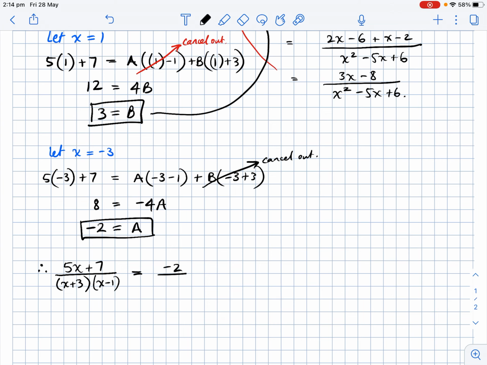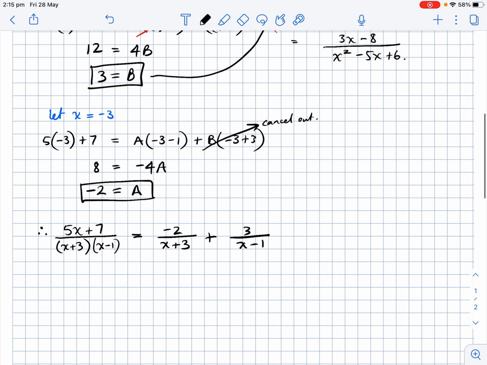Now we know a is negative 2 plus b, which is 3, over x minus 1. So these two expressions must be equivalent. So therefore, the integral of 5x plus 7 over x plus 3, x minus 1 dx must be equivalent to the integral of negative 2 over x plus 3 plus 3 over x minus 1.